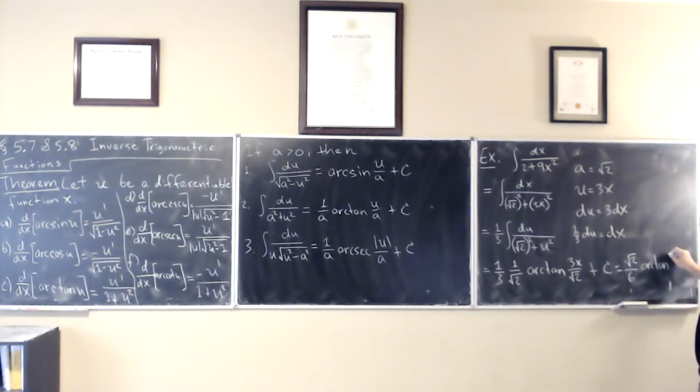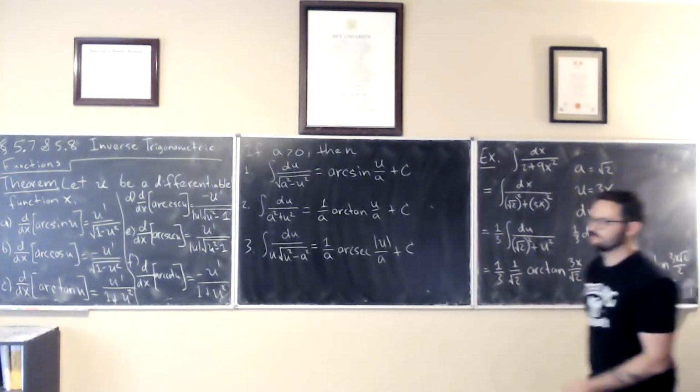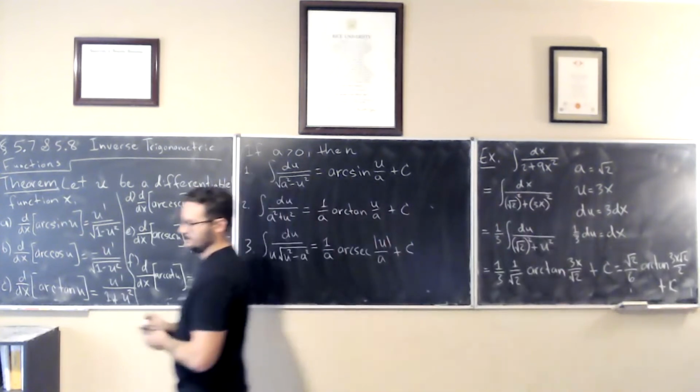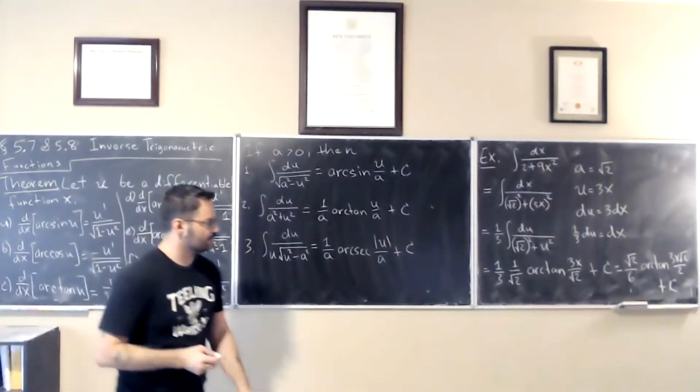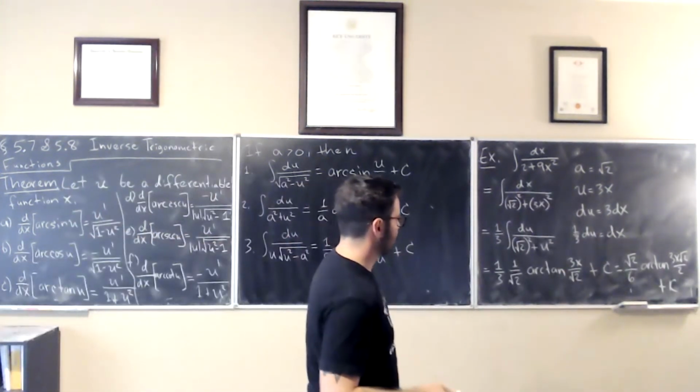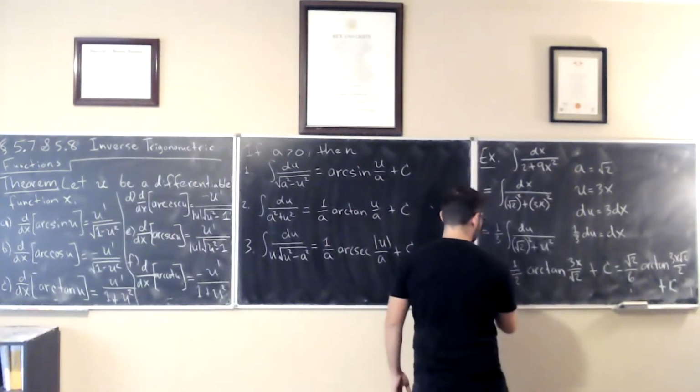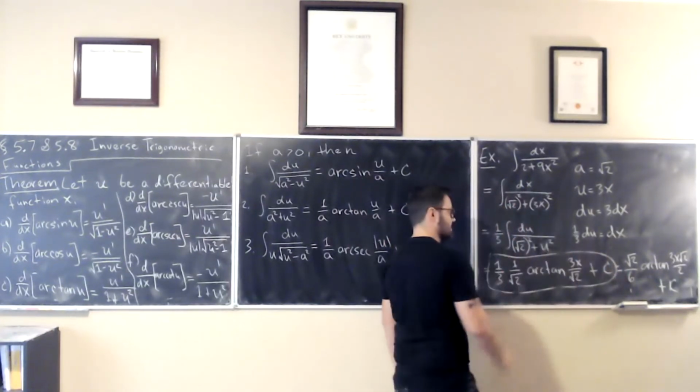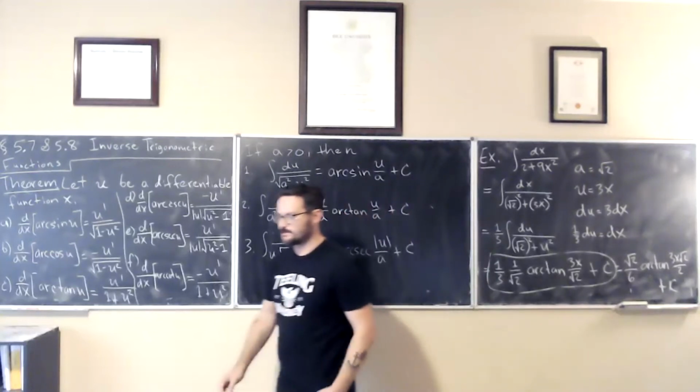I guess they would rationalize it maybe. Let's see. It might have a form that looks like that. Just remember, the textbooks like to rationalize their answers. Okay, but this is a correct answer, even if it's not the one that appears in the book.